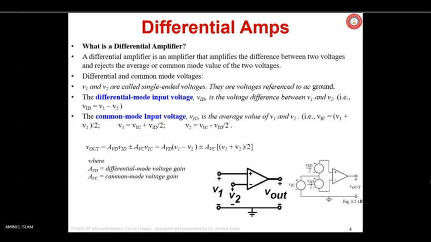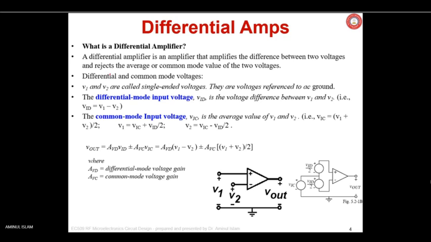The common mode value or average value, (V1 plus V2) by 2, should ideally be rejected, not amplified. But in practice it is still amplified, and we call it common mode gain, and for that we get some output voltage also. Gradually we'll study about these things.